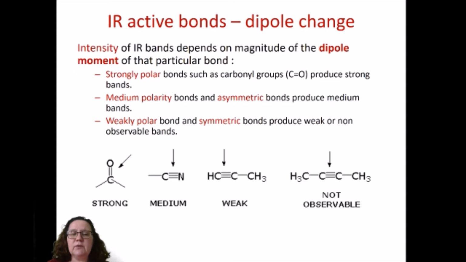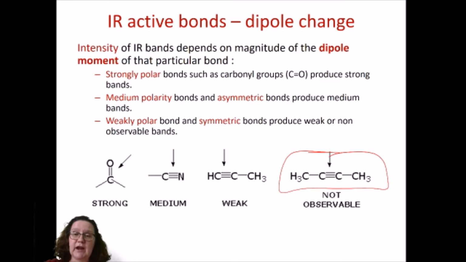When you have a bond that is medium polarity or an asymmetric bond, they tend to give a medium band. And when you have a very weak polar bond or a symmetric bond, for example, here, this molecule is very symmetric, then you tend to observe very small bands, very weak bands, or sometimes even not observable. And I have an example later on of how much difference it can make.